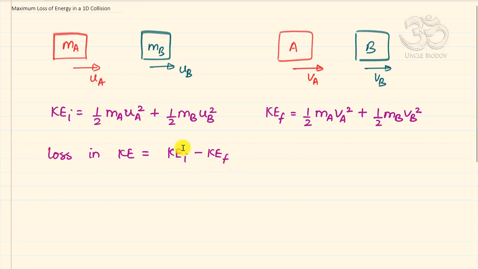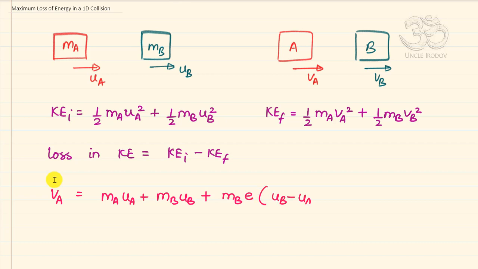So this is easier said than done. The reason being that VA and VB are both big functions of UA and UB. If I recall right, then the expression for VA was MA UA plus MB UB plus MB into E times UB minus UA, divided by MA plus MB.